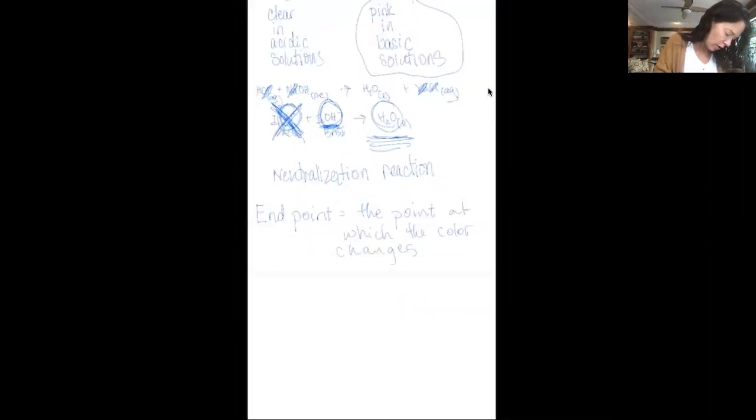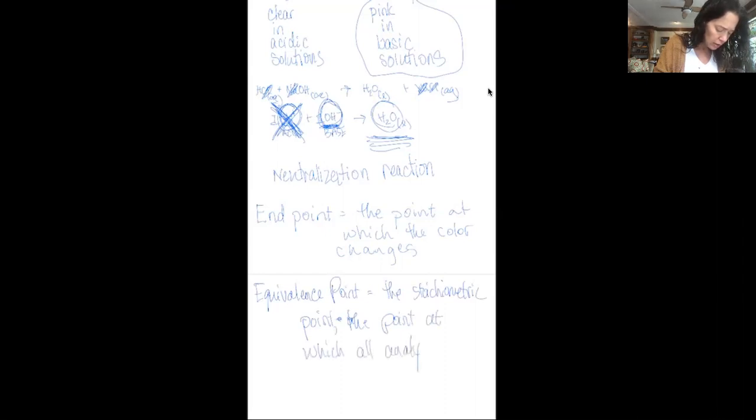Okay, the equivalence point is not the end point. The equivalence point is the stoichiometric point, or the point at which all analyte has reacted and none remains, right?